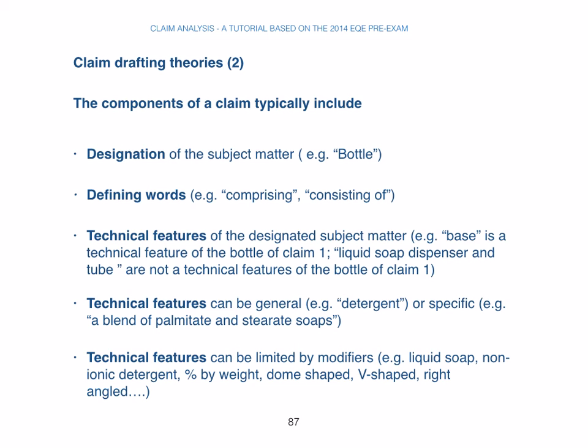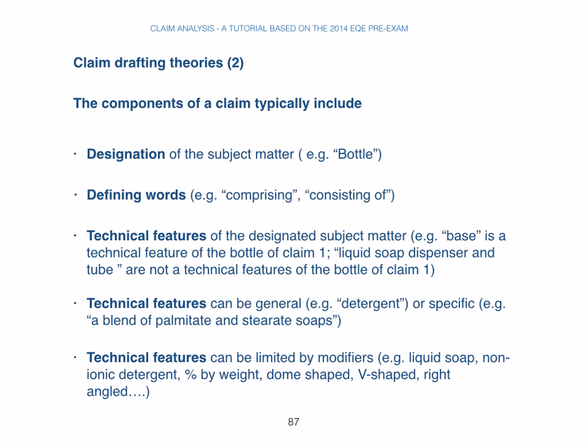Let's recap for the designation and the technical features. For claim 1, the designation was a bottle for a liquid soap dispenser, and the technical feature of the bottle was a base. For claim 2, the designation of the subject matter was a soap dispenser, and the technical features of the soap dispenser were a hand pump, a bottle, a liquid tube, and a base.